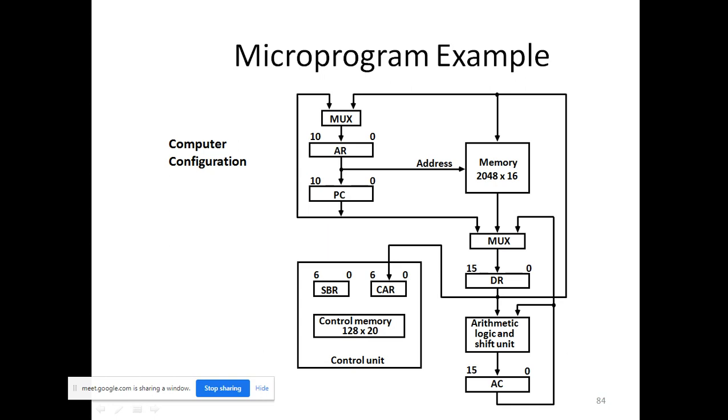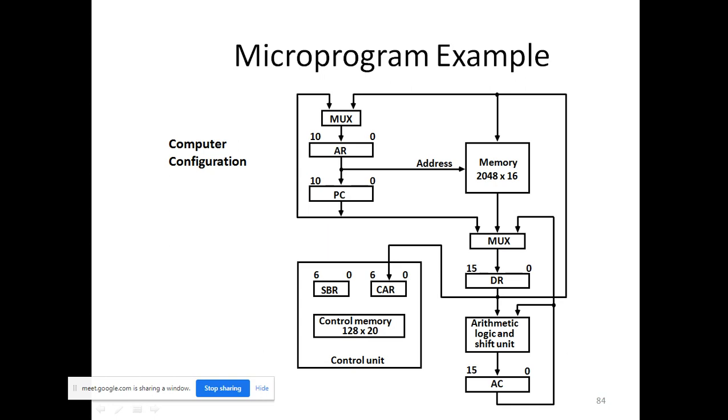What is the difference between these? AR contains the address of an instruction, and PC contains the address of the next instruction. Okay, that is the main difference.